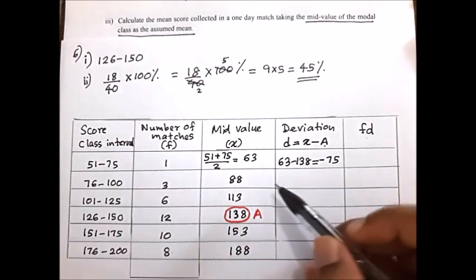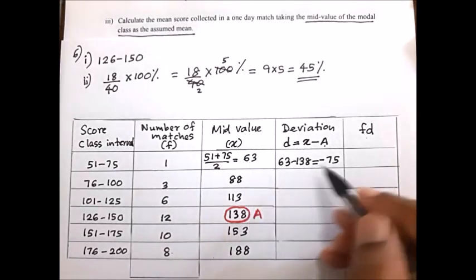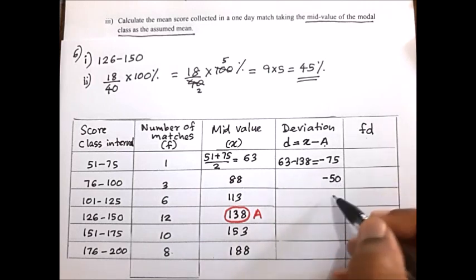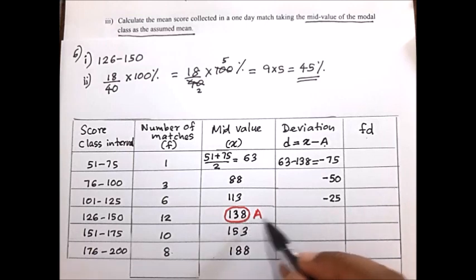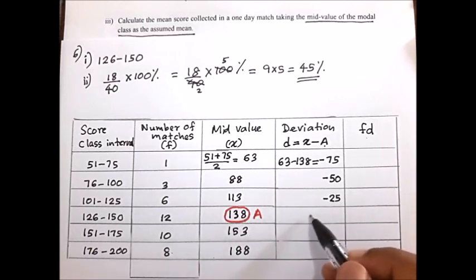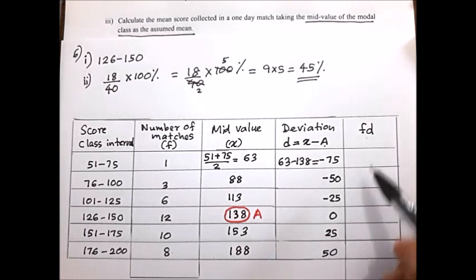Now fill the others. 88 minus 138 is minus 50, and minus 25. And here 138 minus 138, the value is 0. Subtract these two values, plus 25 and here plus 50.